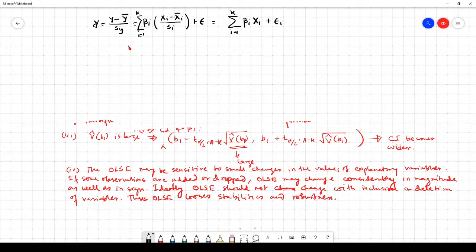So in matrix notation, y curl equals X beta curl plus epsilon curl, where X is X1, X2, up to Xk, and X prime X gives the correlation matrix R.